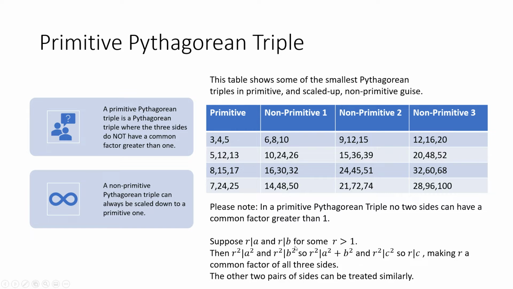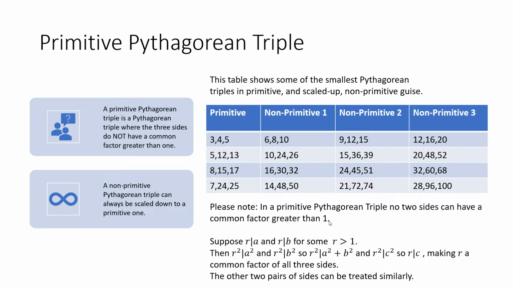If two sides were to have a common factor greater than 1, then so does the third. And then we have a non-primitive which can be cancelled down by the factor r in this case. So a non-primitive Pythagorean triple can always be scaled down to a primitive one. I could start with this 24, 45, 51, divide by 3, that's 8, 15, 17, for example.